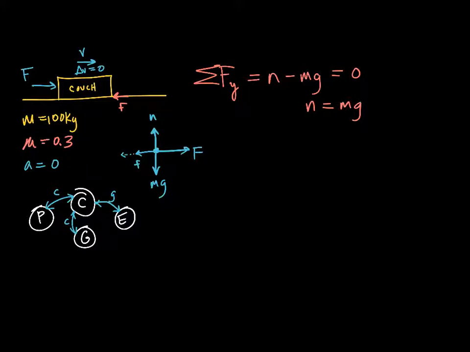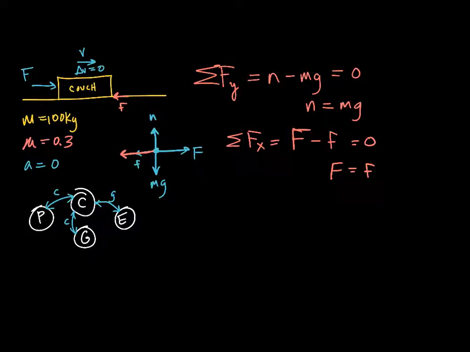So I get normal force is mg, then I sum the forces in the x direction, and I get the big force minus the friction force, the applied force minus friction. That also equals 0 under constant speed, which means friction and the applied force are equal. So technically speaking, we should make those equal and opposite.